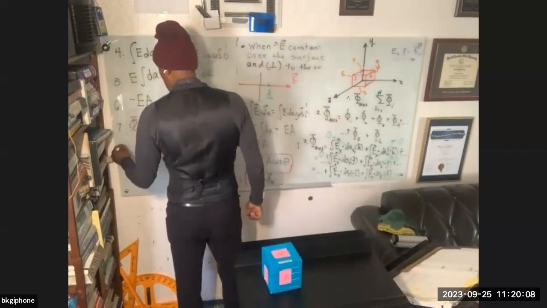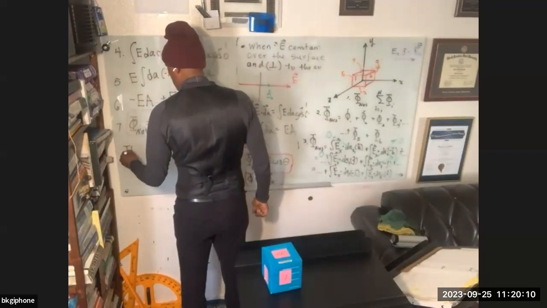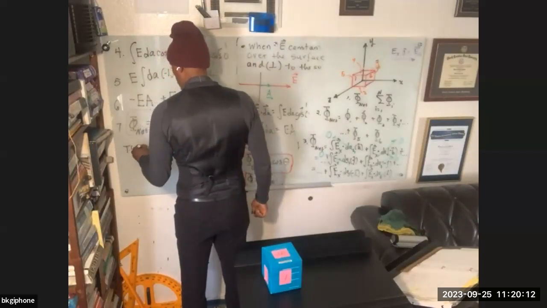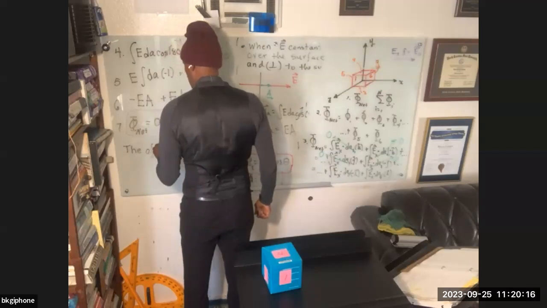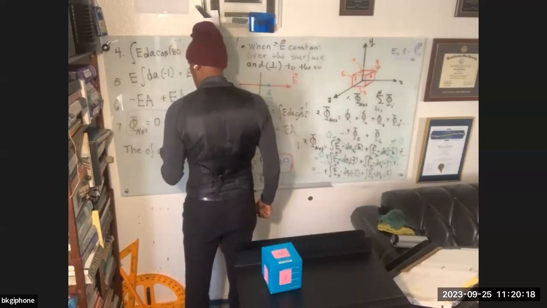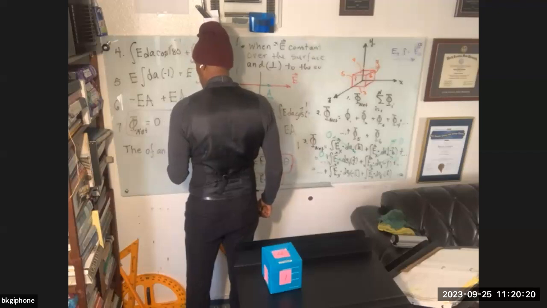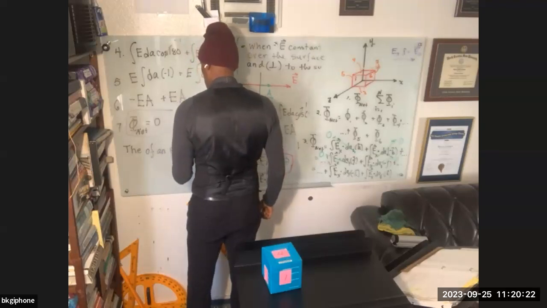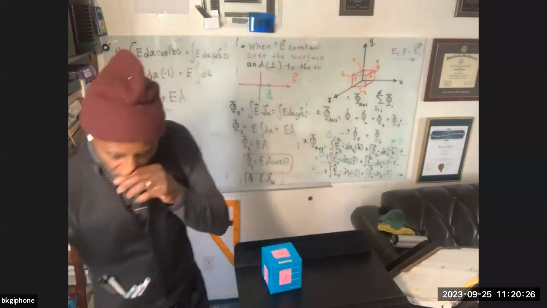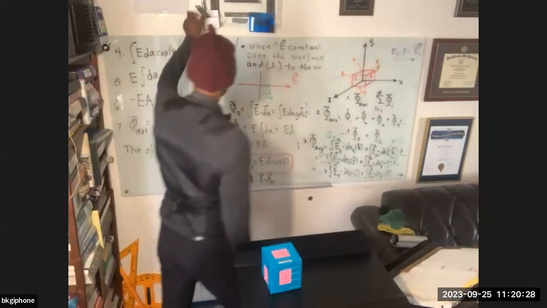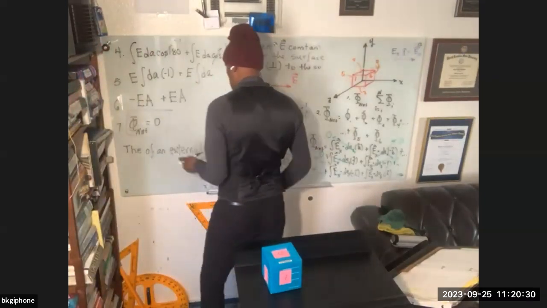The net flux of an external field, I said over a closed surface, but I guess I should say through a closed surface. The net flux of an external field through a closed surface is always 0.